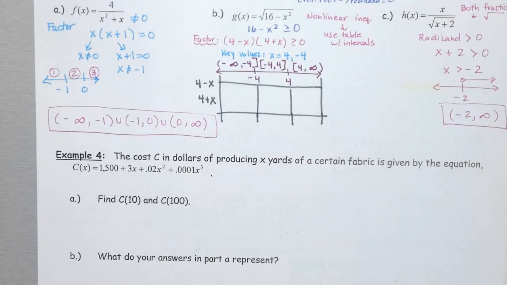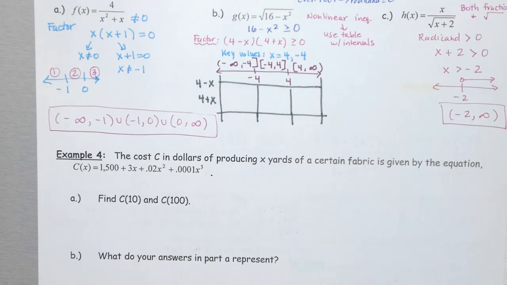Okay, and you guys can pick your test values and do that. Okay, so again, you're going to be using the table if you have a nonlinear inequality. So that could be a quadratic, a cubic, or a rational function. So anytime you encounter those, that's when you're going to need to use your table.